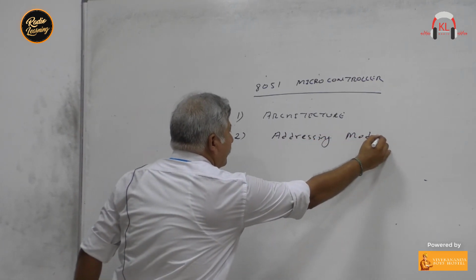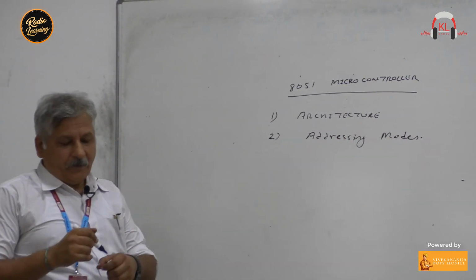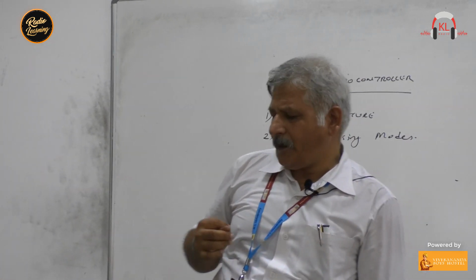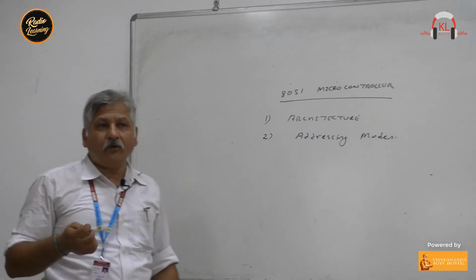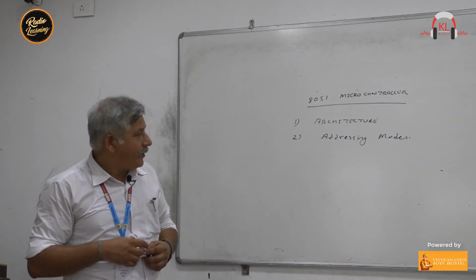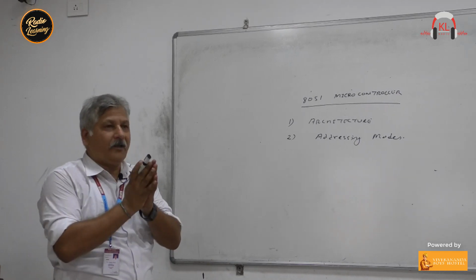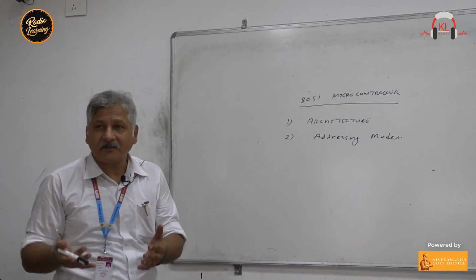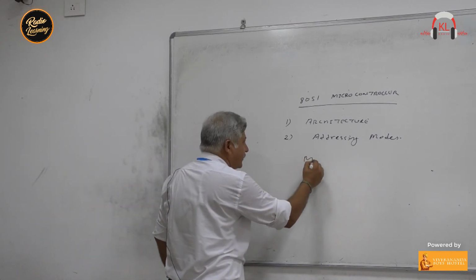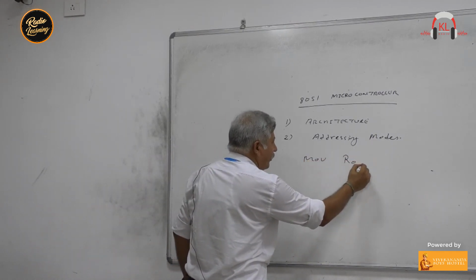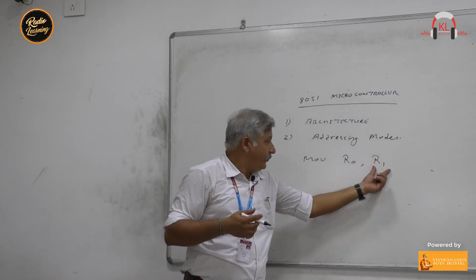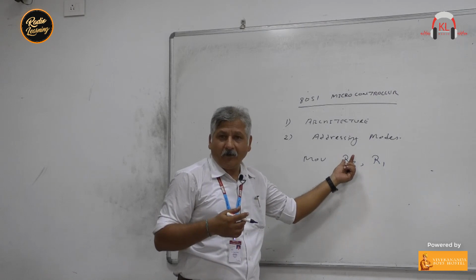Then after that, you should study addressing modes, right? For example, direct addressing mode, register indirect addressing mode, register addressing mode, immediate addressing mode. These addressing modes you should study. And also you must have the knowledge about what are the valid instructions, what are the invalid instructions, right? For example, if I write this instruction, MOV R0, R1, so content of one register you want to move in another register R0.